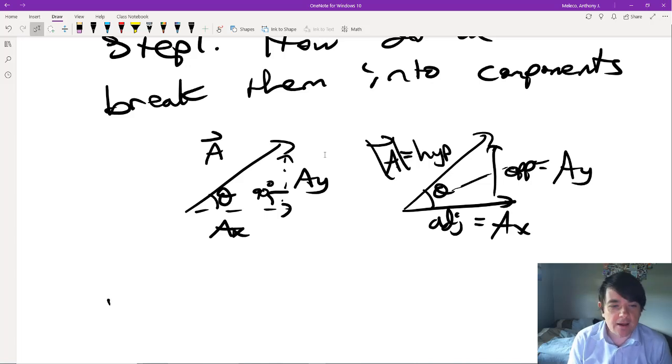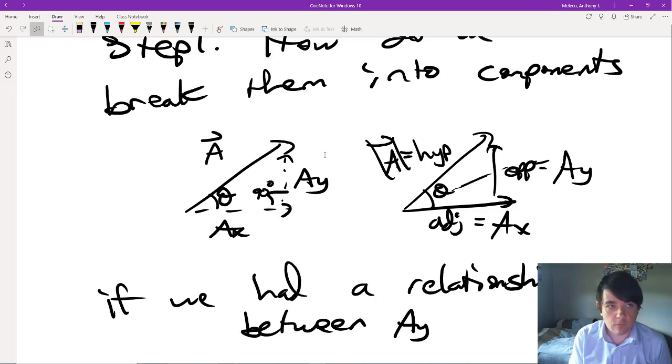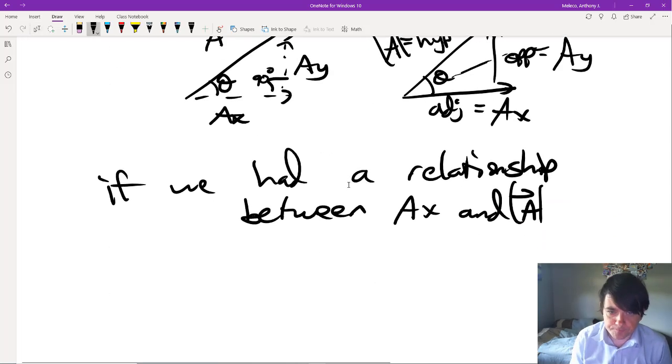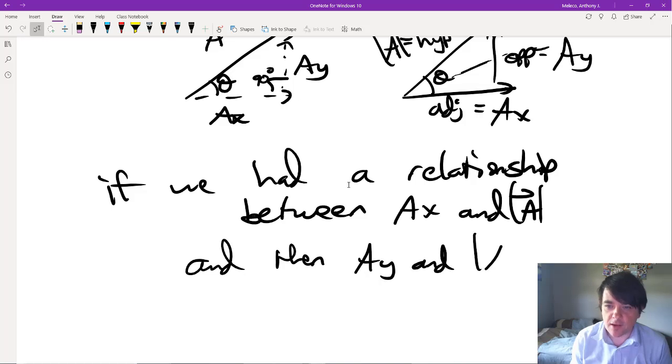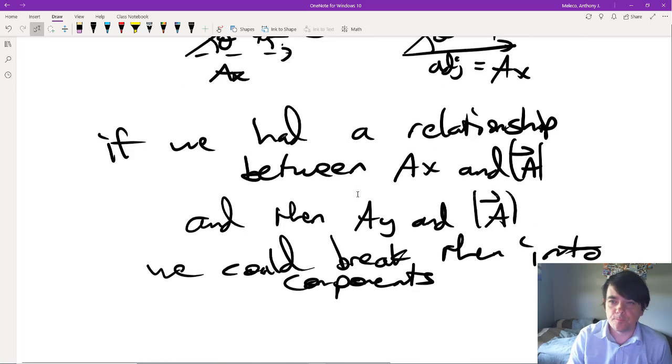So if we had a relationship between AX and A, remember we know A in this instance, and then AY and A, we could break them into components, which is what we want to do, right?